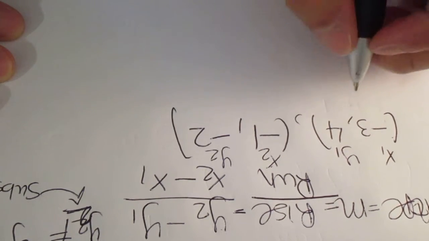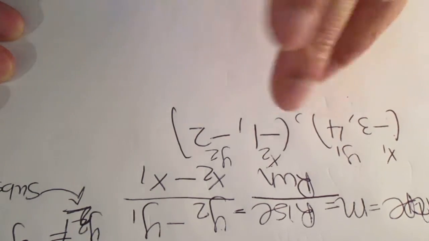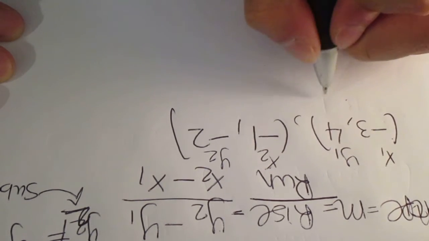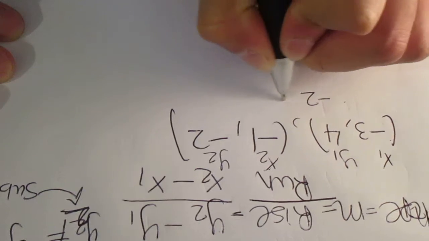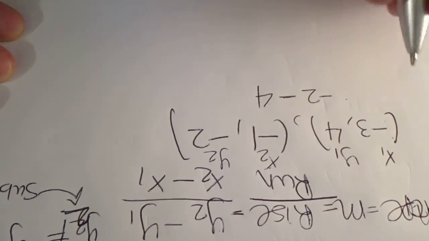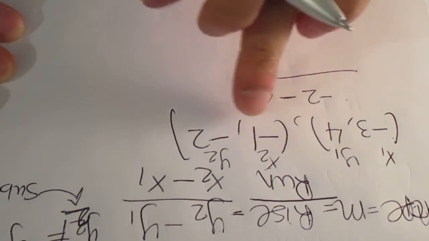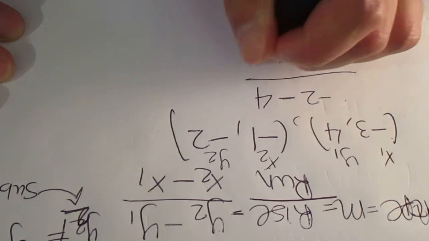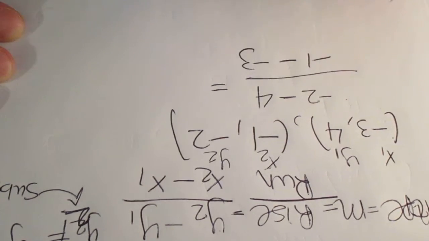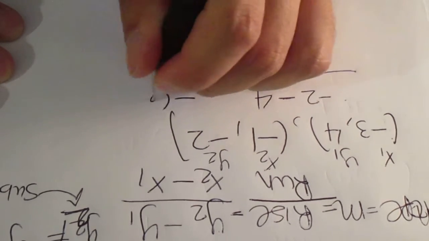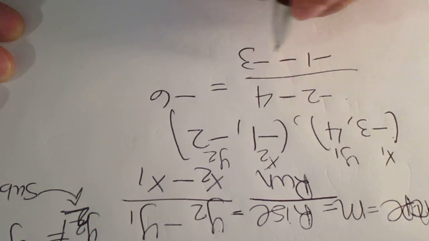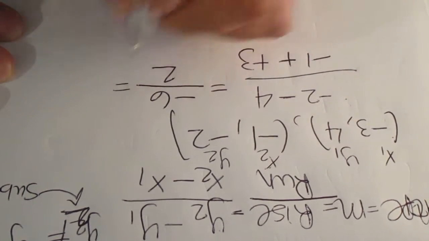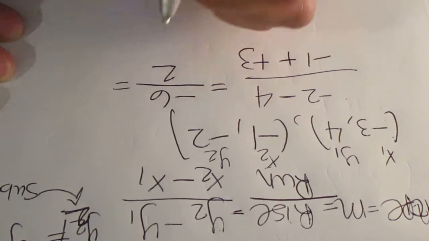So it's y2 minus y1 over x2 minus x1. Our y2 is -2 minus 4 over x2 is -1 minus -3. So -2 minus 4 is -6, and -1 minus -3 becomes a positive, so that's -1 plus 3 is 2, and -6 over 2 is -3.